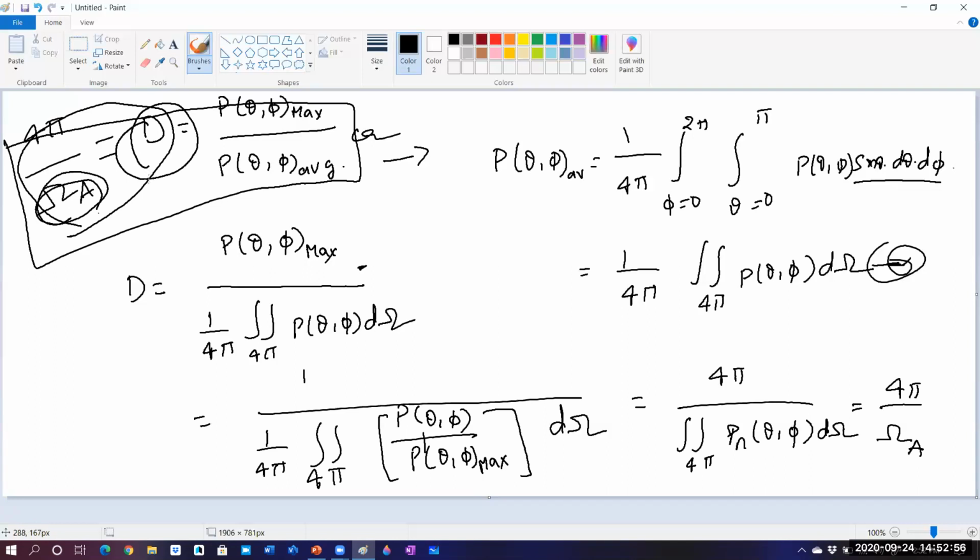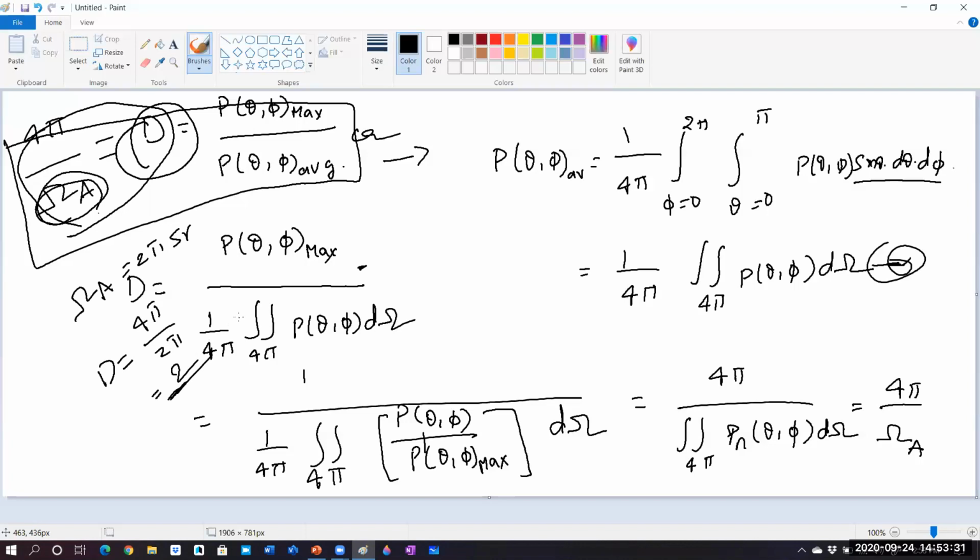For an antenna that radiates over only half of a sphere, the beam area is half of 4 pi, that is omega A equal to 2 pi steradian. So from that we get directivity D equal to 4 pi by 2 pi, which is 2. So this is for an isotropic antenna, right?